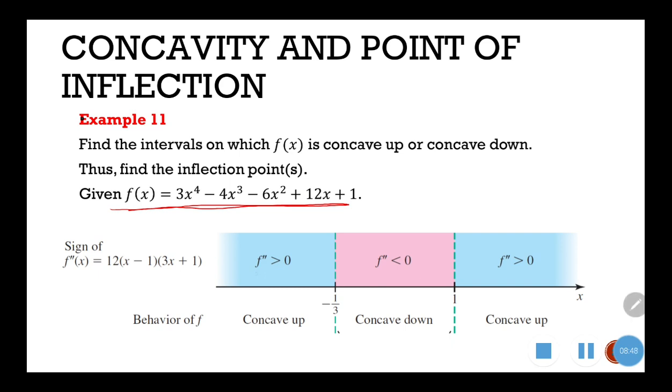When the value is larger than 0, it is concave up, and when the value is less than 0, it is concave down.